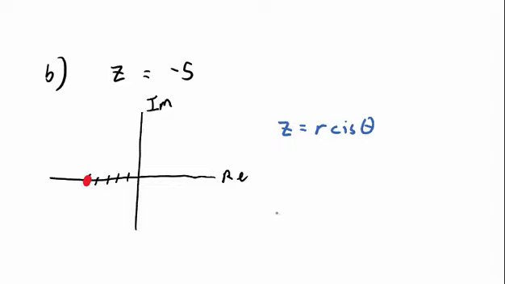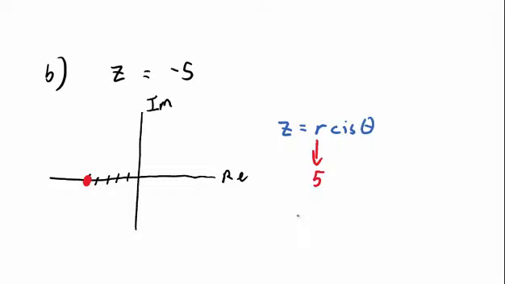Okay, well, r is the distance from the origin, but it's also the absolute value. And you already know how to take the absolute value of just a real number. What's the absolute value of negative 5? 5. So we're going to fill in 5 here.